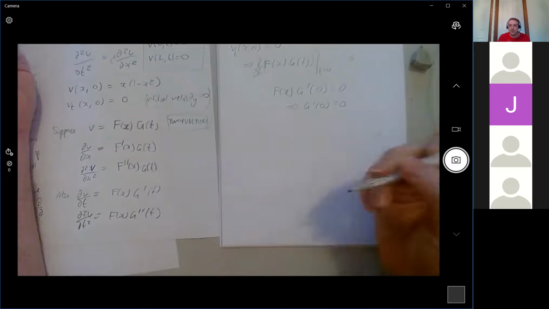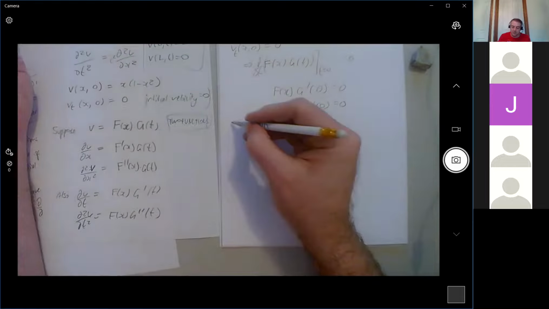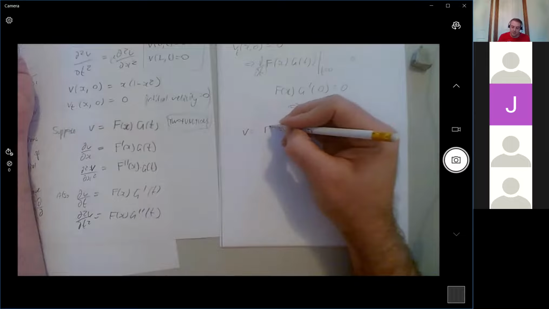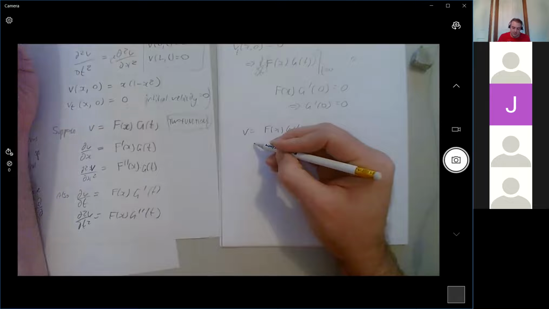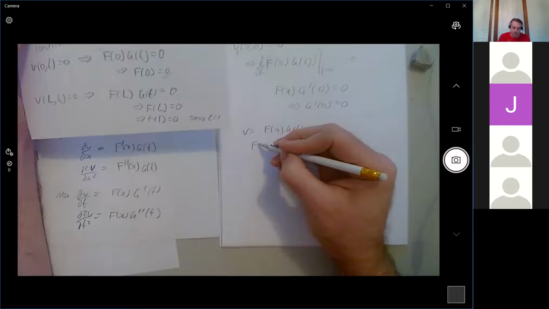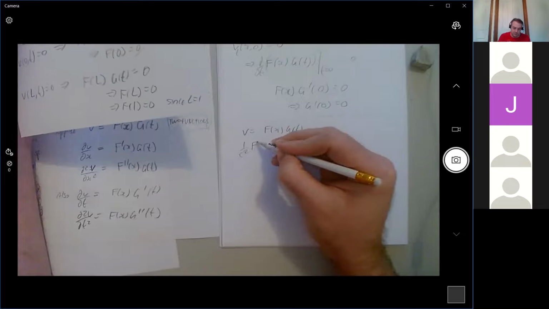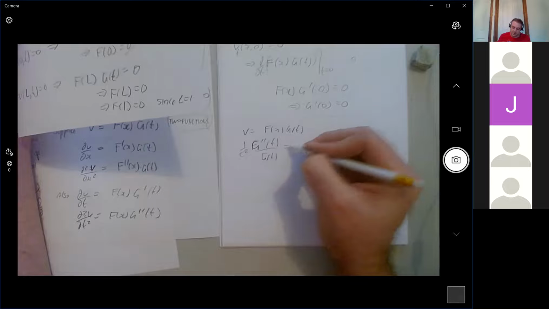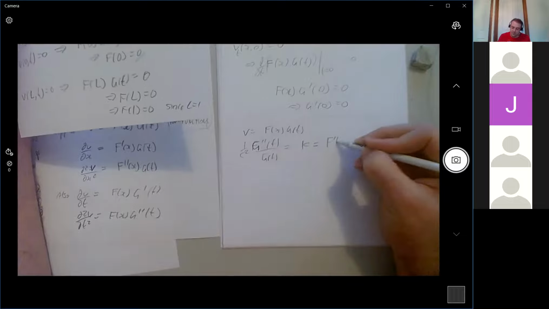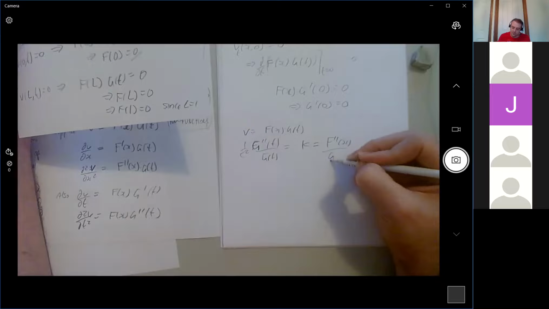So what we've managed to do is turn this into this new equation. V is f of x times g of t. And we have that 1 over c squared of g double dash t over g of t is k, which is f double dash x over f of x.